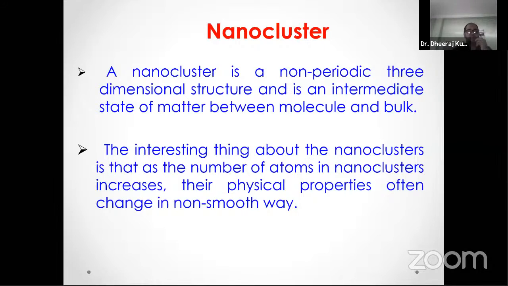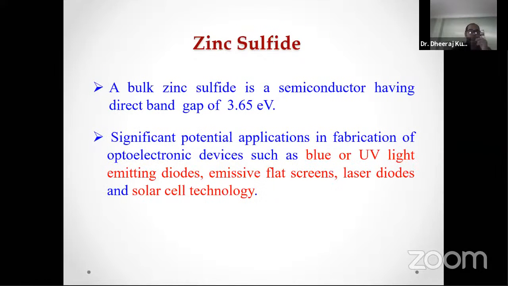And 0 dimensions lie in nanoclusters. Nanoclusters are non-periodic 3-dimensional structures, an intermediate state of matter between molecule and bulk. The most important thing about nanoclusters is that their properties change in a non-smooth way when the number of atoms changes.